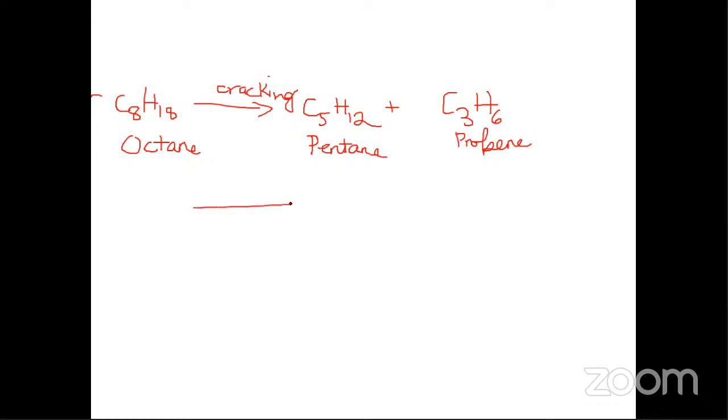But octane can also produce, let's say we produce butane as our alkane, what alkene must we get? What's the second product?